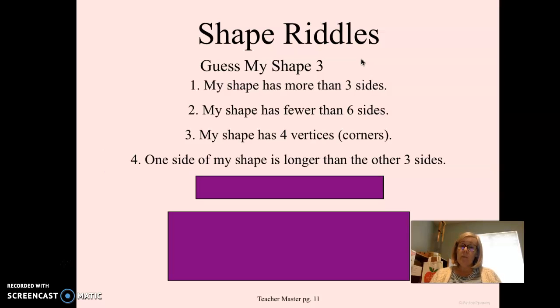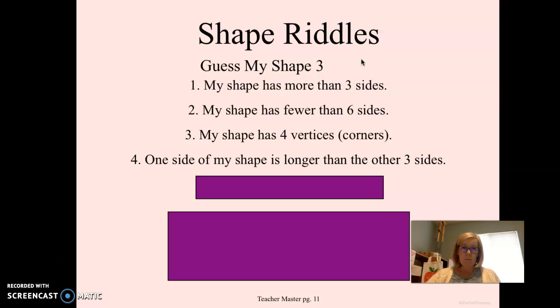One side of my shape is longer than the other 3 sides. That's a huge clue because a square has equal sides. They're all the same. Goes in the pile. The same goes for the rhombus. The sides are equal.